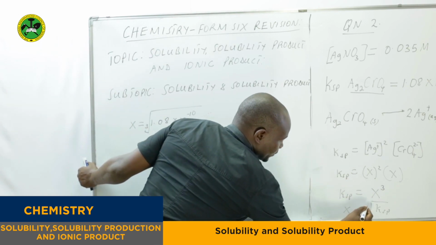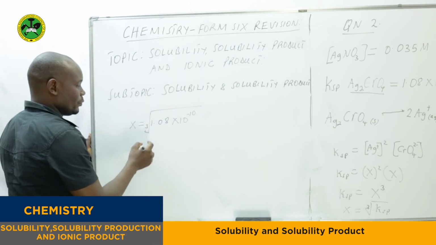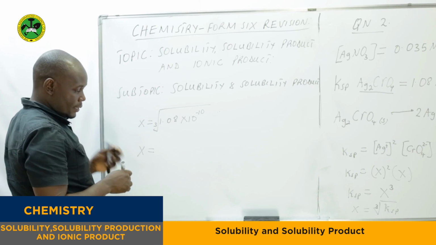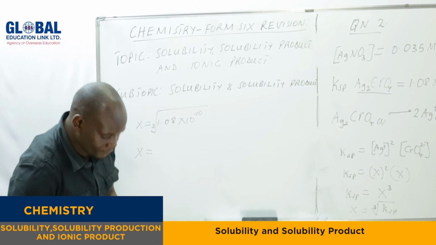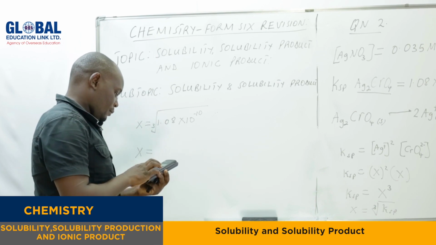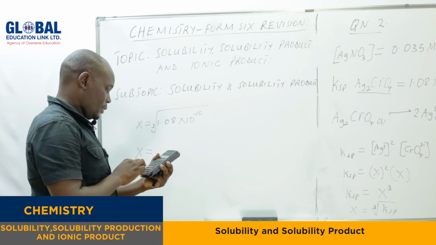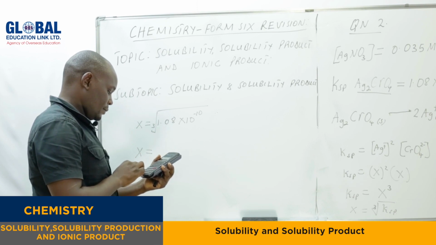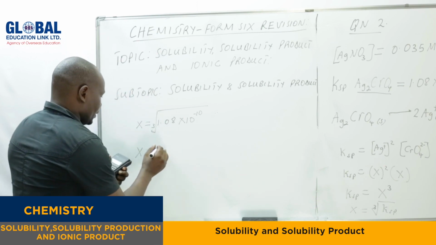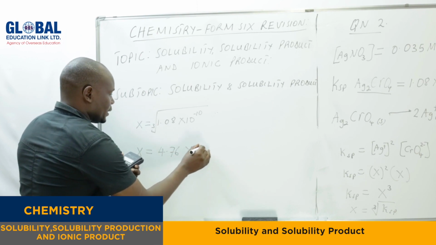Since it is 3 there, so here must be 3. So here, if we find now the cube root of 1.08 times 10 power negative 10, using now your calculator, that is 1.08 exponent negative 10, then its answer is 4.76 approximately, then times 10 power negative 4.